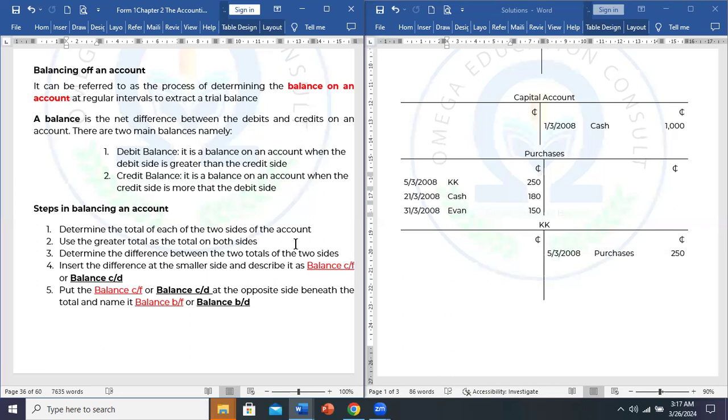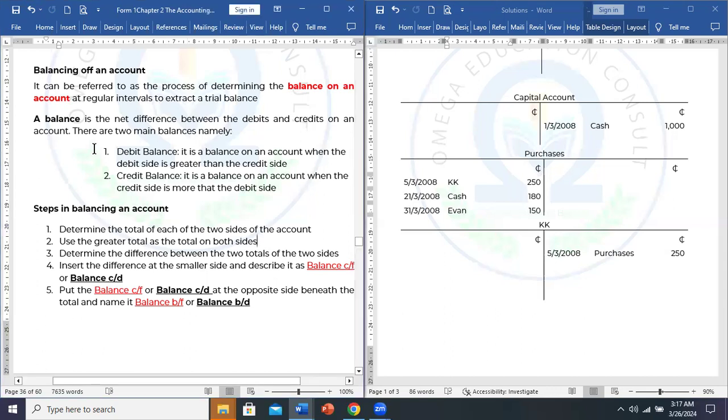If you want me to read some of the English to you, I can do that here, as is on the screen. Balancing of account simply refers to the process of determining the difference on an account to be able to extract a trial balance, and we'll know what a trial balance is shortly.